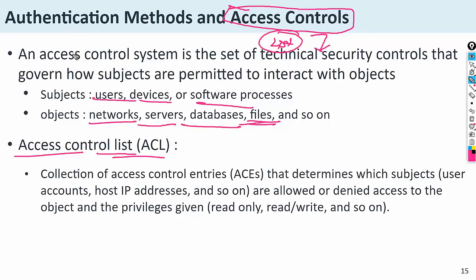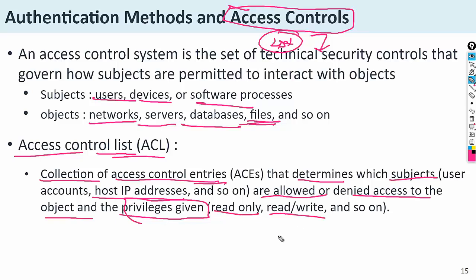It is a collection of access control entries that determine which subject, account, host, IP address and so on are allowed or denied access to the object. The privilege given is also read-only or read-write. First, is it accessible or not? If accessible, then in the form of read or read and write. So this is the access control list.